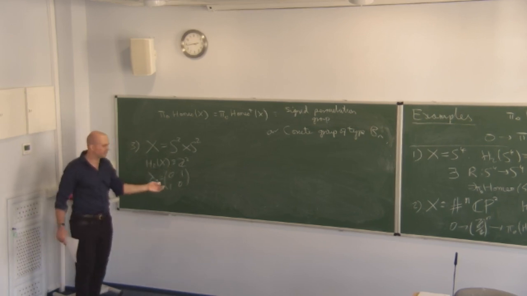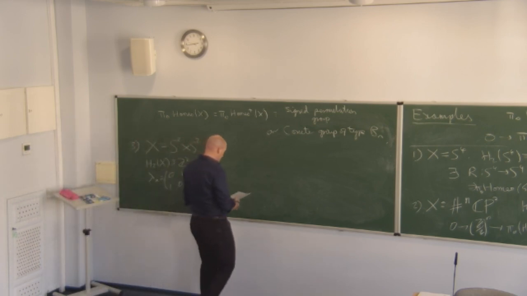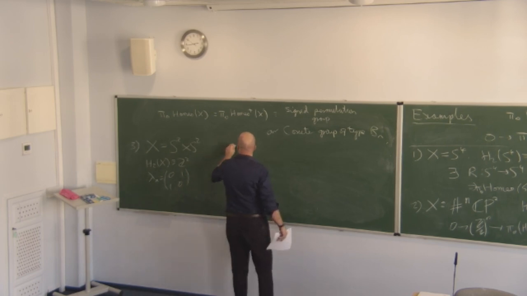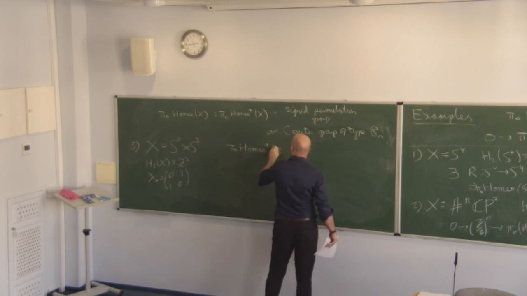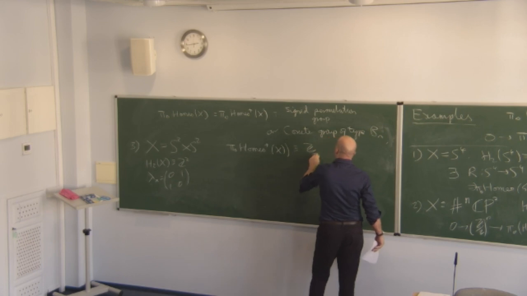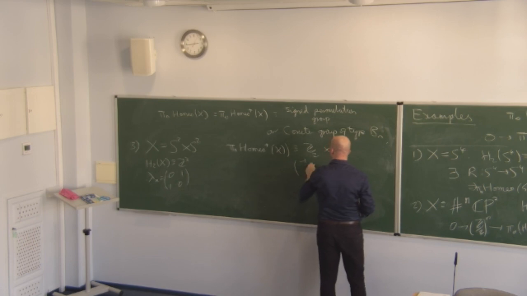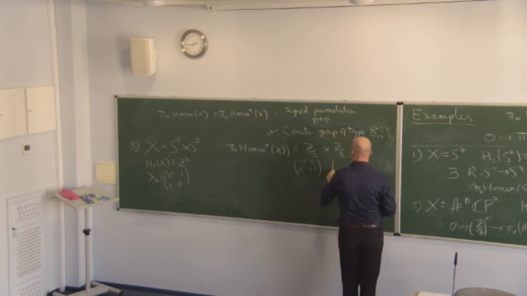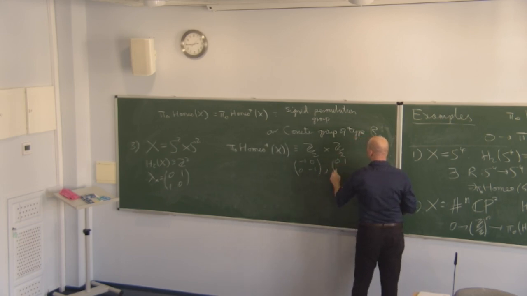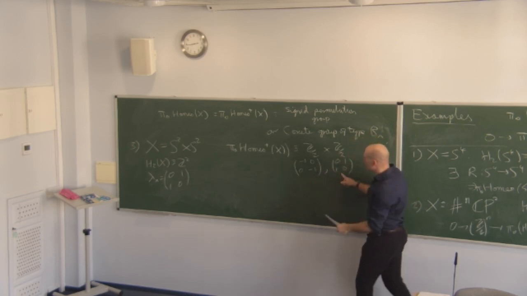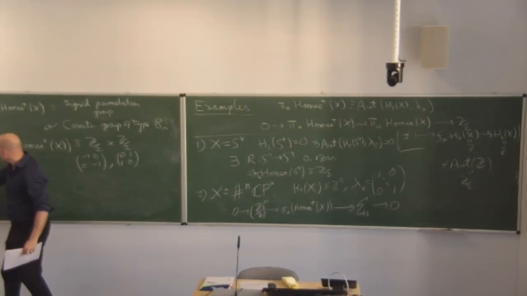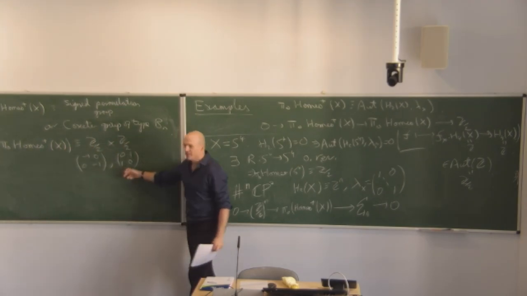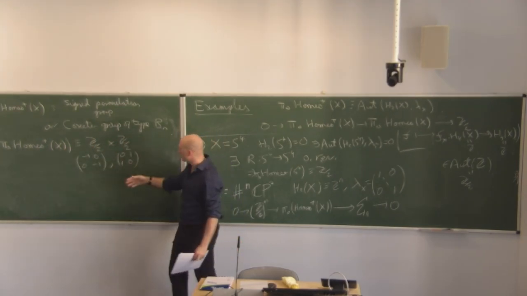That's a simple calculation, and if you do this, then you get Z2 cross Z2, generated by minus the identity and swapping the coordinates. Although it's the same matrix, it means a different thing. Here's a matrix representing the pairing on H2, and this is a matrix representing a linear transformation, like a homomorphism from Z squared to Z squared.